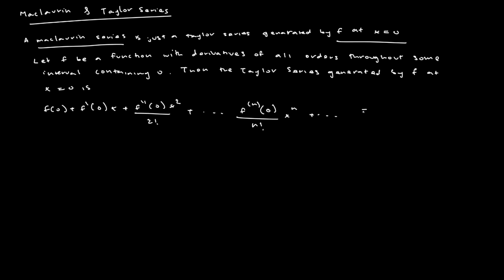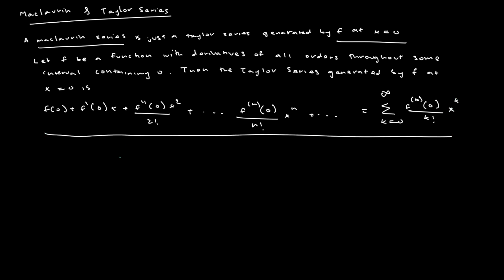And so this is simply defined as the sum of k equals 0 through infinity of f to the kth derivative at 0 divided by k factorial times x to the k. And so this Maclaurin series allows us to form a polynomial estimate of any function.